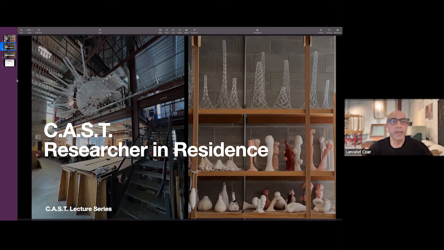Paul is a lecturer at the College of Environmental Design and a researcher in the Department of Environmental Science, Policy, and Management at the University of California, Berkeley. Paul has a PhD in architecture and building technology from MIT and a Master's of Science in Structural Engineering from the Swiss Federal Institute of Technology in Zurich, ETH Zurich.